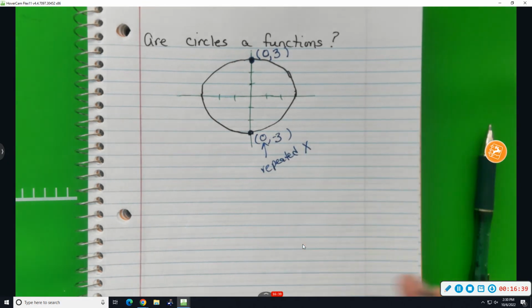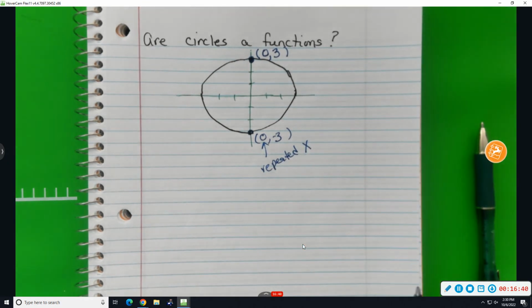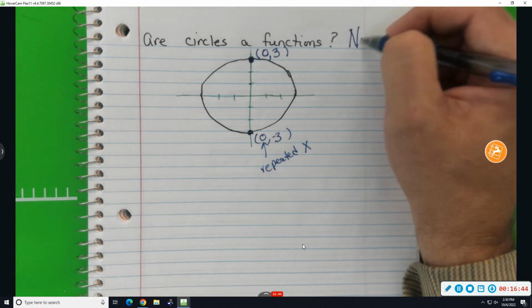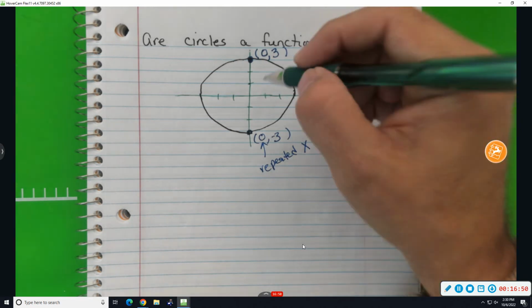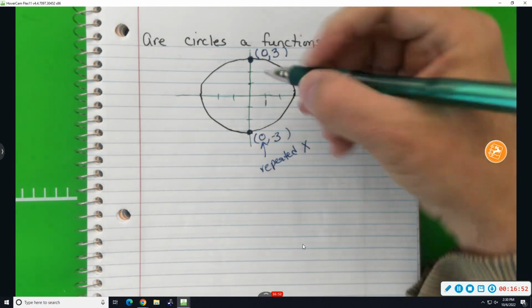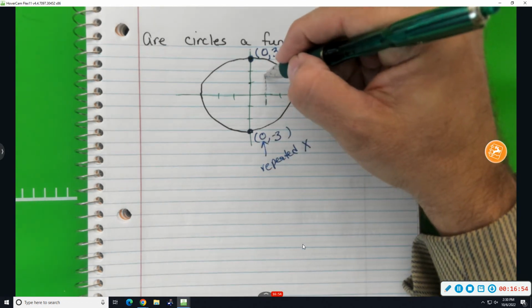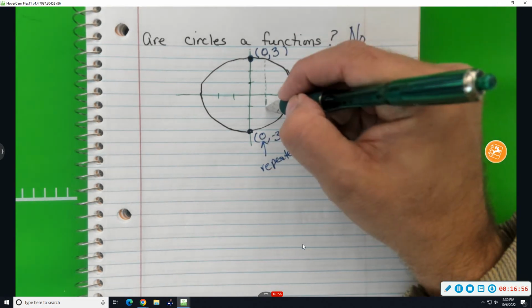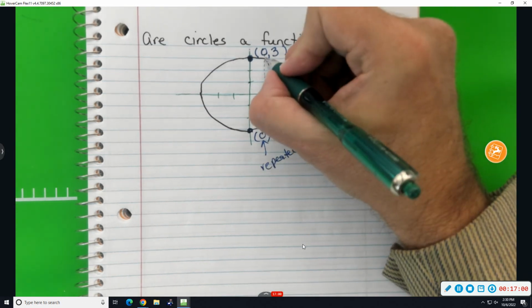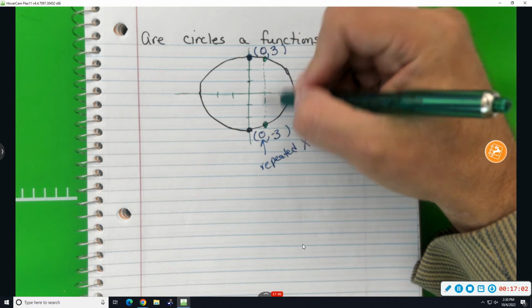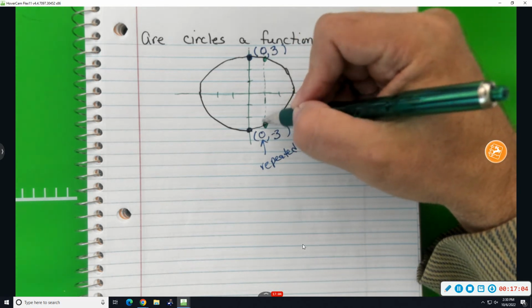So what would y'all say the answer to my question is? Are circles functions? No. Now there really wasn't anything special about the y-axis. Right here at 1, could y'all imagine drawing a little vertical line? This point and this point right here would both have an x value of 1.